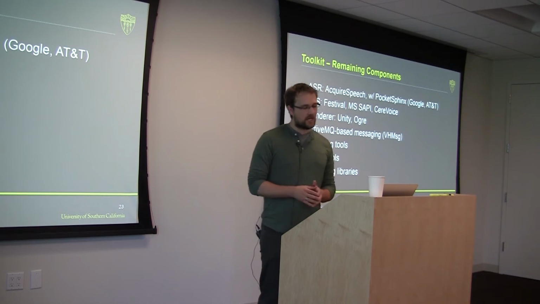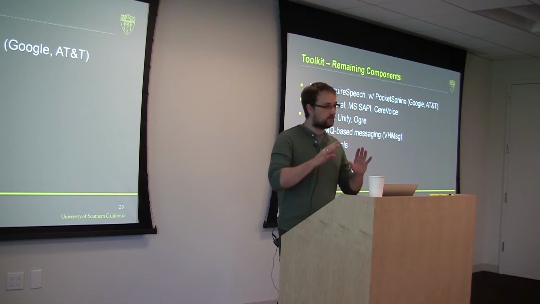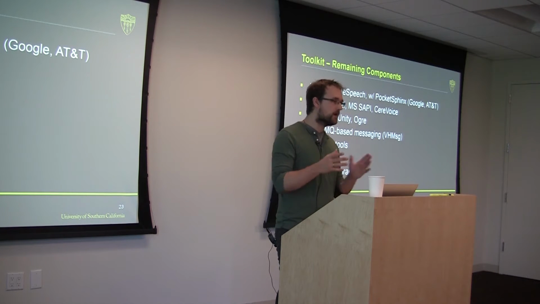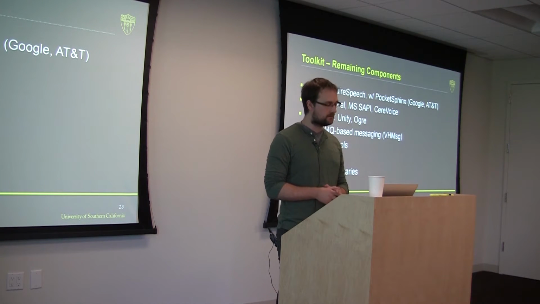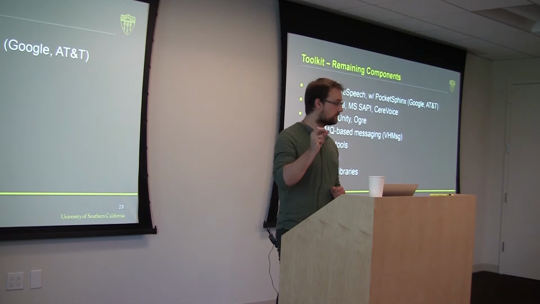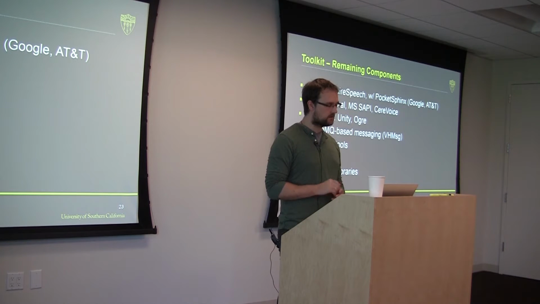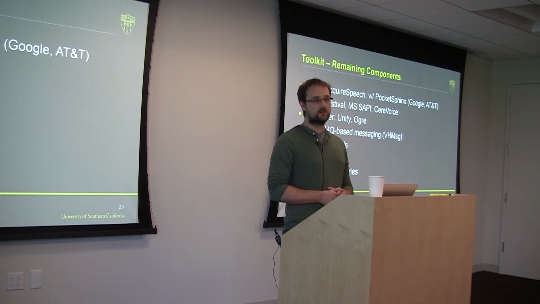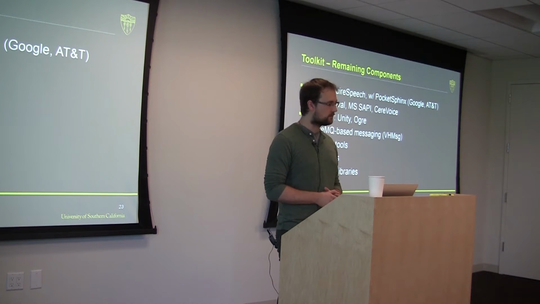Now we add to that third-party software combined with some internal software. Acquire Speech is a speech recognition client developed here, but it can link to different speech recognition servers, including Pocket Sphinx, as a backup Google and others. For text-to-speech, we use third-party software, Microsoft SAPI, Festival, and a couple of others.